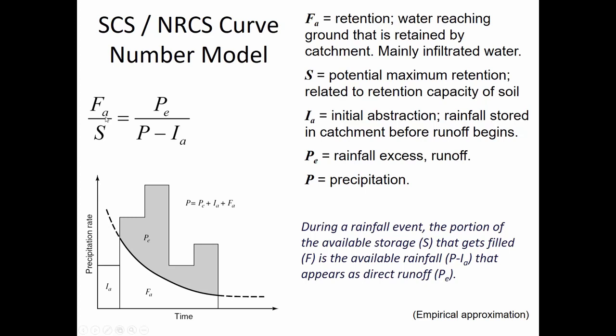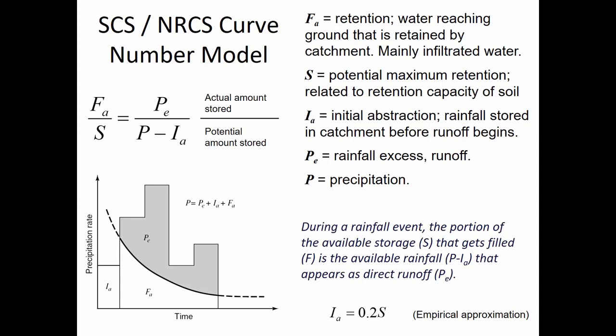I'll show you how to calculate S in just a moment. But the model says that the ratio of those two things is the same as the ratio of the runoff to the difference between the precipitation and the initial abstraction. In other words, the amount that's actually stored versus the potential storage that could occur.